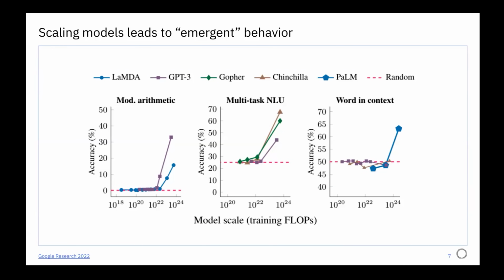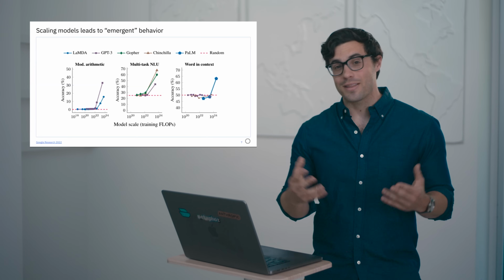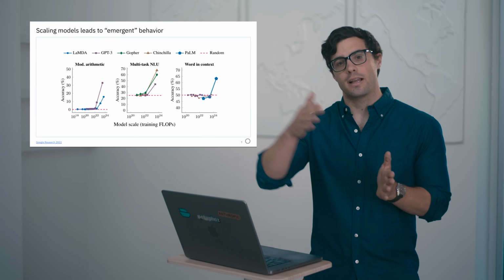And the y-axis is the accuracy on that task. And what you can see is that for a lot of these tasks, for a long time, performance does not improve at all. It's basically at zero. And at a certain scale, the performance jumps up. And so this was really surprising, right? The model seems to not learn for a long time. And then all of a sudden, it can do something that it couldn't do before. Researchers were surprised by this, intrigued by it, and started pushing scaling further.